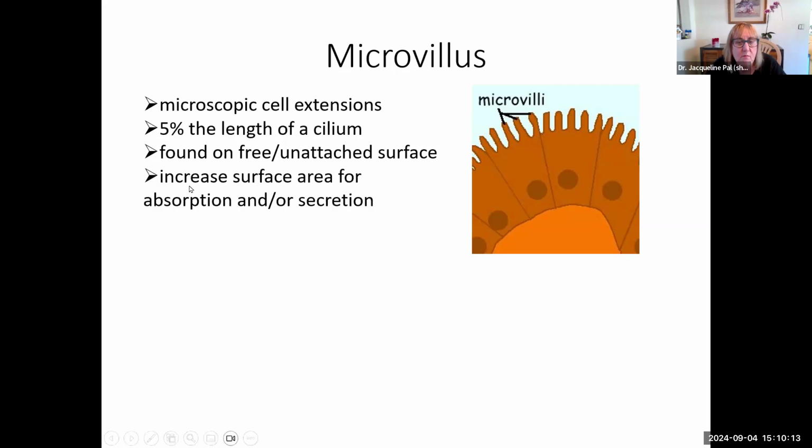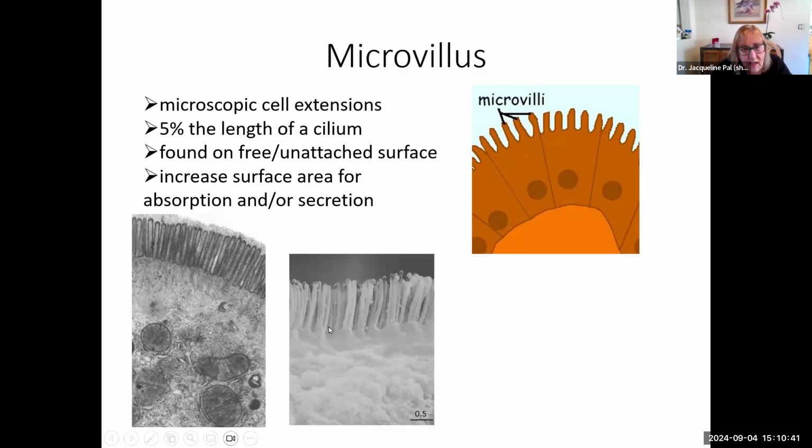So we're going to find microvilli when we want to be doing absorption and/or secretion. Sometimes the same cell will be absorbing and secreting stuff. Sometimes cells only absorb, sometimes cells only secrete. But the point of a microvillus is to increase the surface area for absorption and/or secretion.